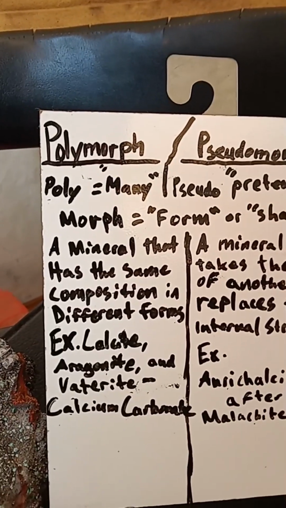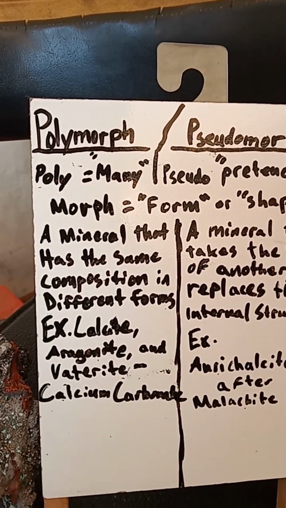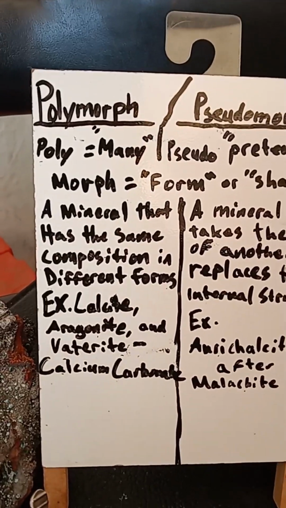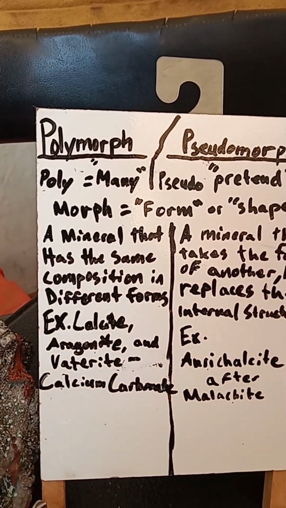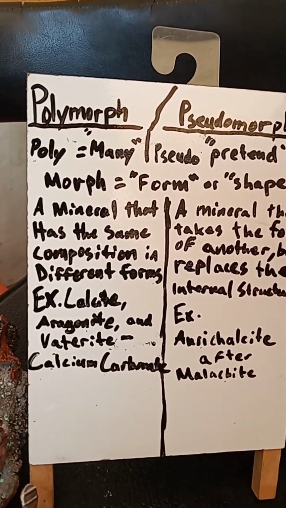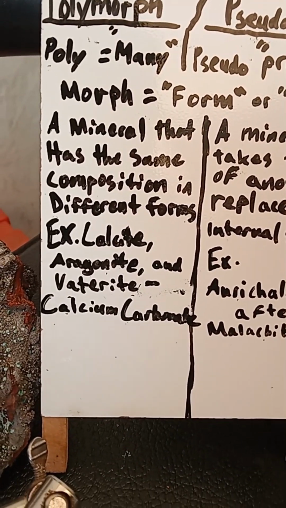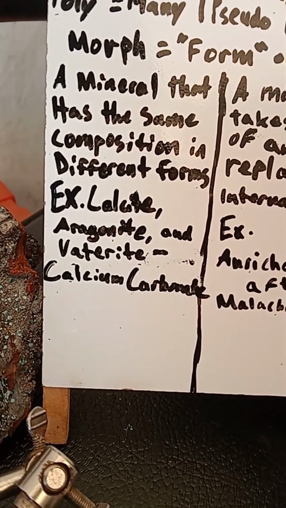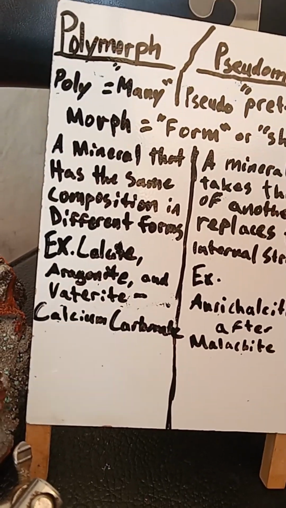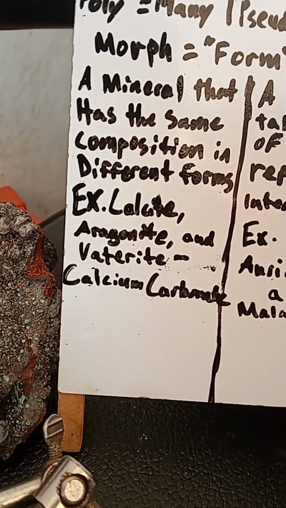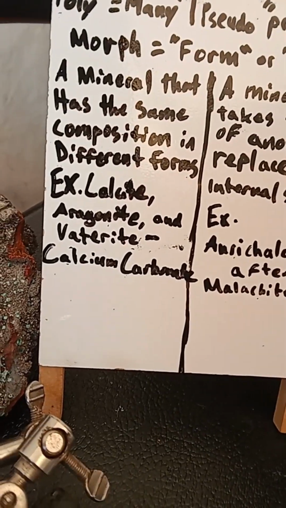Okay, so polymorph. If poly means many and morph means form, then we can remember that polymorph is referring to a mineral that has a lot of forms. So a mineral that has the same composition in different forms. Examples of polymorphic minerals would be calcite, aragonite, and vaterite, and they're all calcium carbonates.